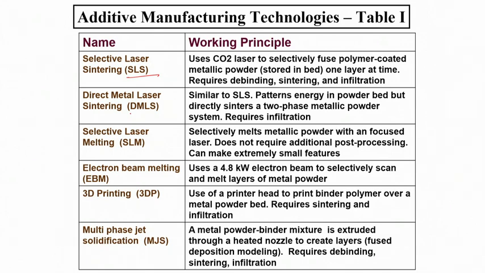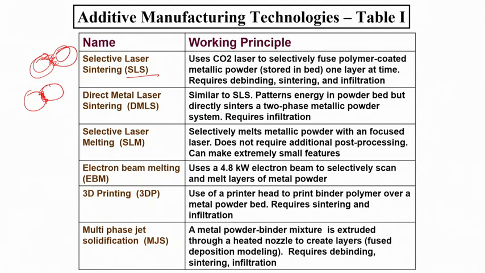In one case you have two particles with a certain coating on top, and the coating fuses easily and binds. On the other hand, in direct metal laser sintering, you have two metal powders and then they can fuse by a typical welding process.